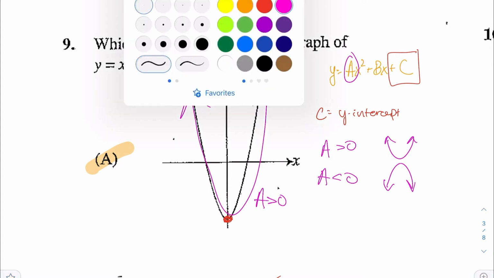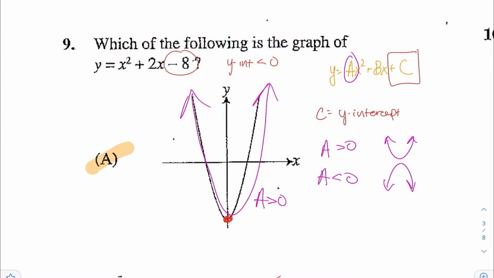All right, and then last but not least, you can also use the axis of symmetry. This is where the parabola is symmetric, and of course that's x equals -b over 2a.